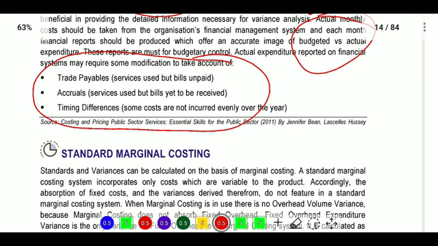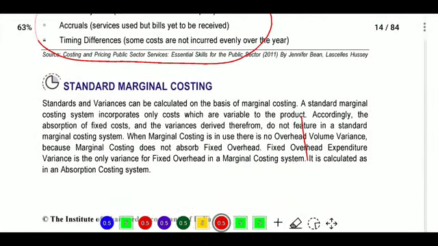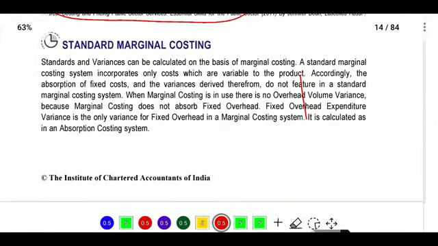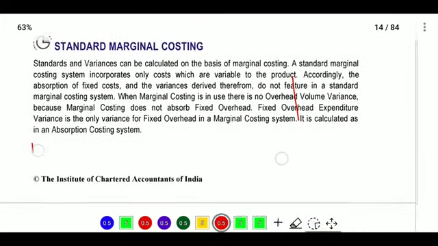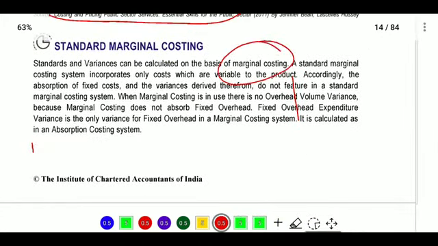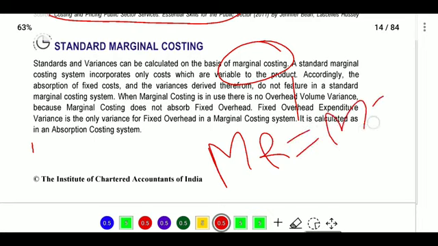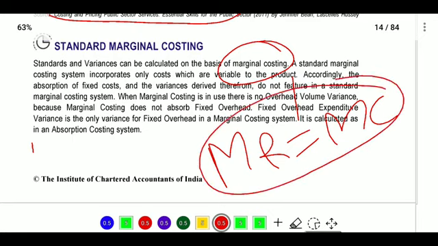Next, standard marginal cost. Here standard and variance can be calculated based on marginal costing. In profit maximization, MR is equal to MC. We saw this in the last chapter, where we discussed price decisions.